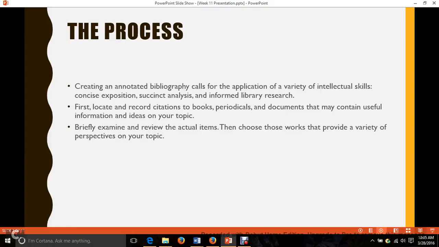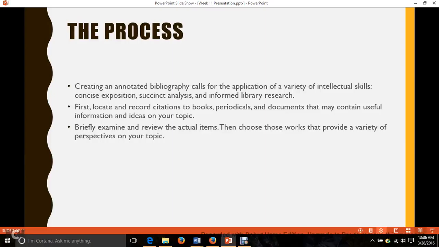So you're going to first locate and record citations, and this can be from books, periodicals, documents, videos, primary sources, secondary sources. Keep in mind that for the final essay, you have to have a variety of sources. So try not to just do internet sources or just do, whatever it may be.